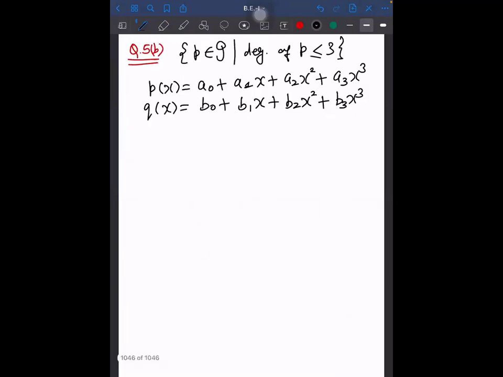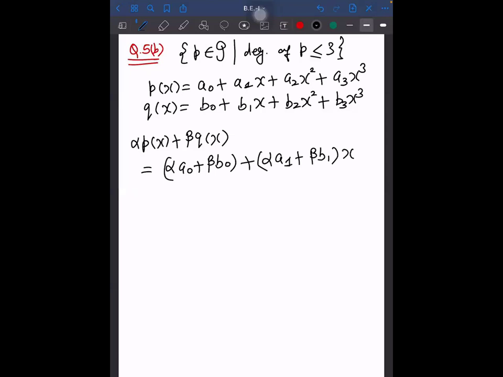Okay, anyway. Now if you take alpha px plus beta qx, then it will look like alpha a naught plus beta b naught, plus alpha a1 plus beta b1 times x, plus alpha a2 plus beta b2 times x square, plus alpha a3 plus beta b3 times x cube.